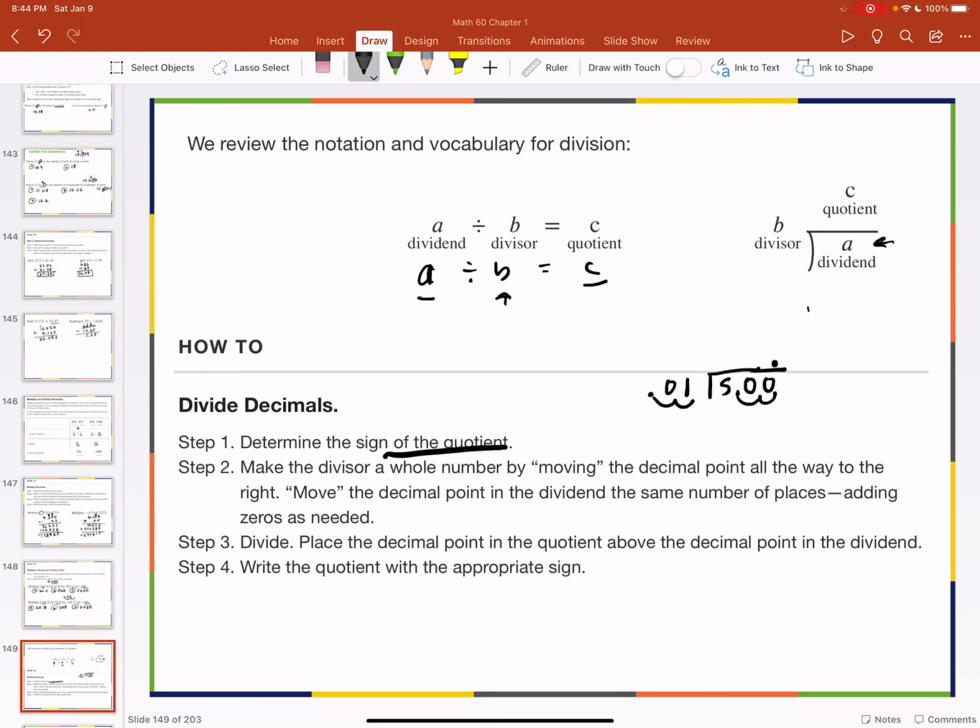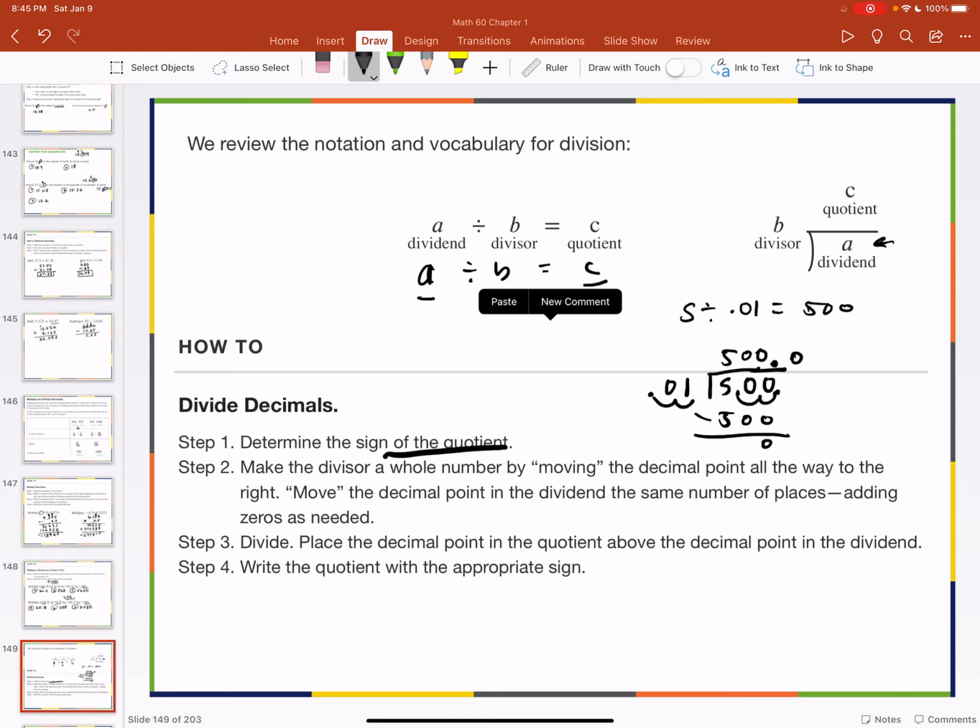We move that over, and that becomes our new decimal point. Then we divide. 1 goes into 5, 5 times, and the rest are zeros. We fill in the zeros. We don't need the one after, but we definitely needed the one before. So 5 divided by 1/100th is equal to 500.